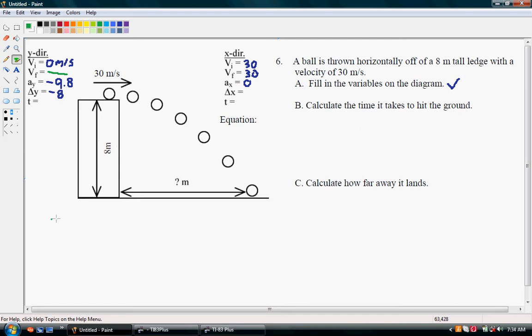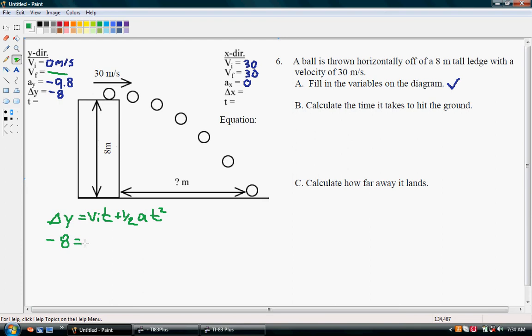It is delta, and in this case it's going to be delta y, equals initial velocity times time plus 1/2 a t squared. So we plug in our numbers and we're going to have a delta y of negative 8.